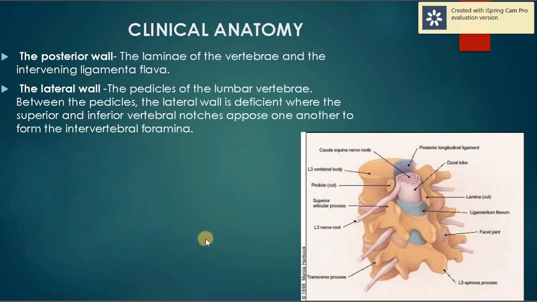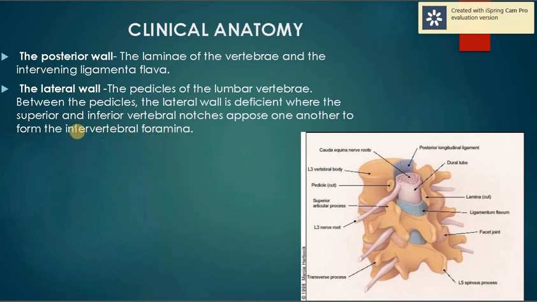Now, the clinical anatomy. The posterior wall is composed of the laminae of the vertebra and the intervening ligamentum flavum. The lateral wall is composed of the pedicles of the lumbar vertebra. Between the pedicles, the lateral wall is deficient where the superior and inferior vertebral notches oppose one another to form the intervertebral foramina.